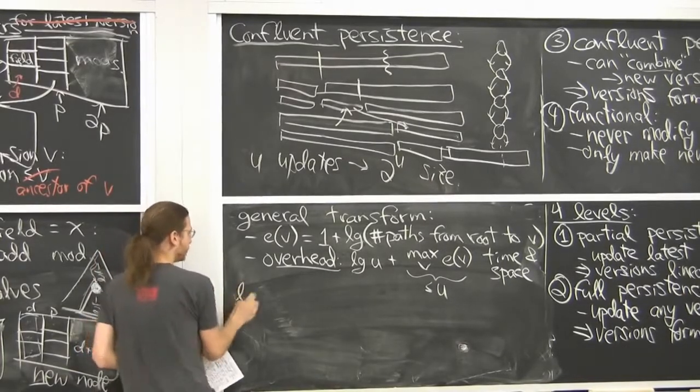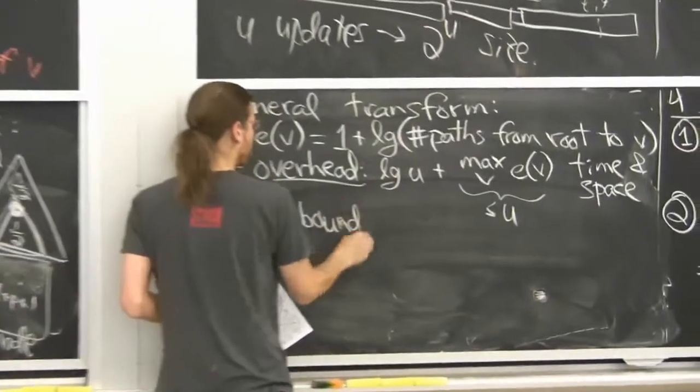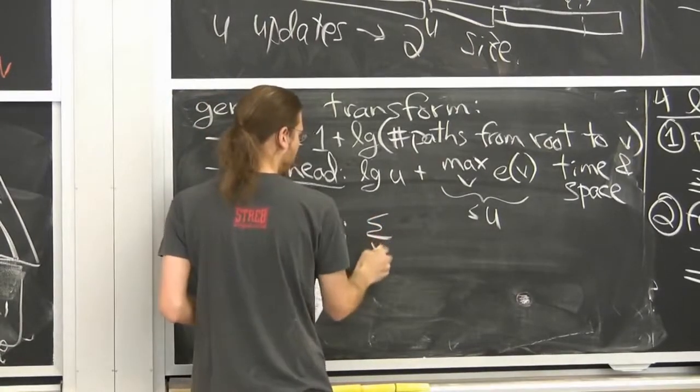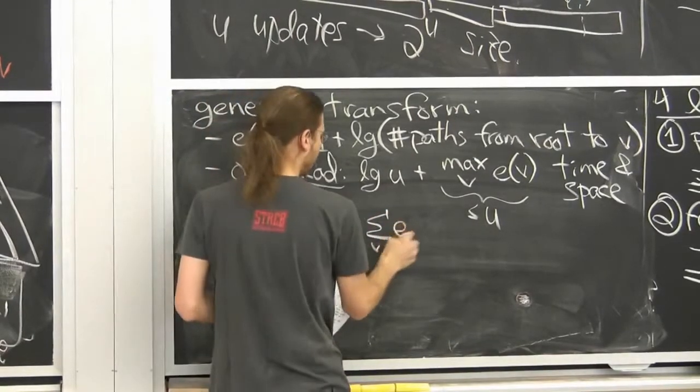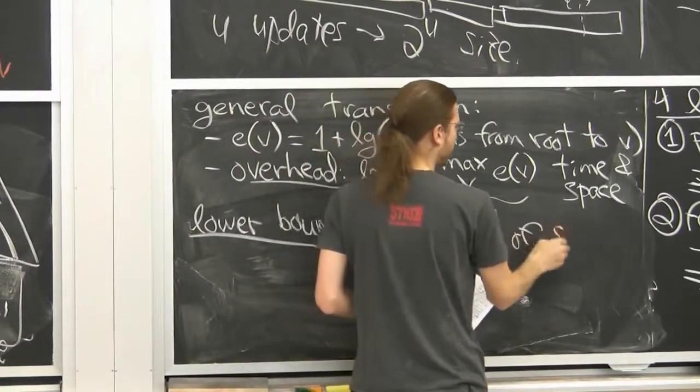They also prove a lower bound. So the lower bound is sum of effective depths, total bits of space.